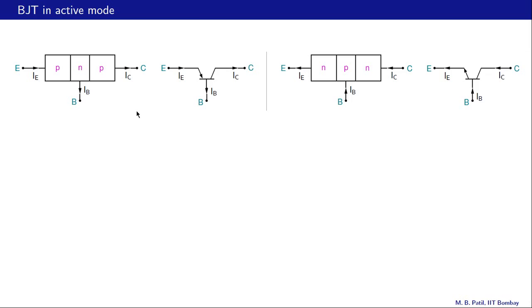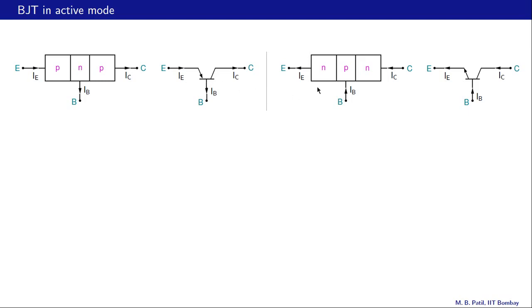Let us now consider the BJT in the active mode. What is the meaning of active mode? Here is a PNP transistor. Active mode means the emitter base junction is under forward bias and base collector junction is under reverse bias. So that means this node, the emitter node, is at a higher potential than the base node, and compared to base node, the collector is at a lower potential.